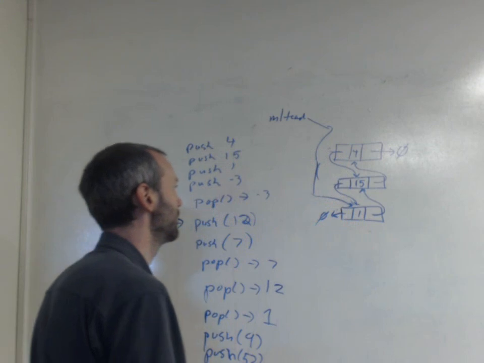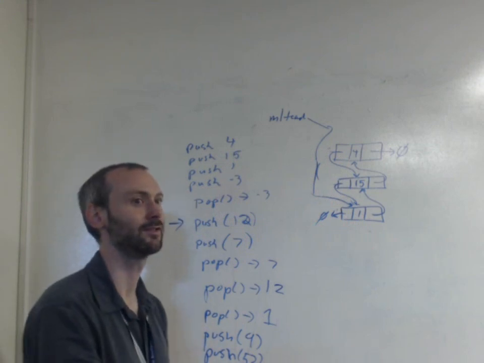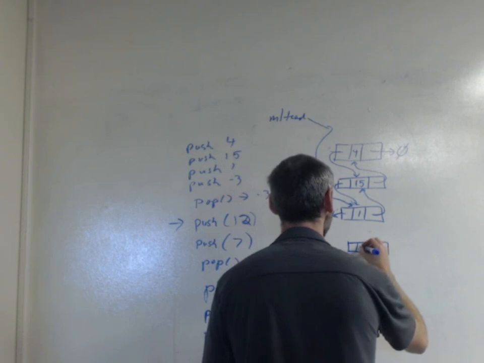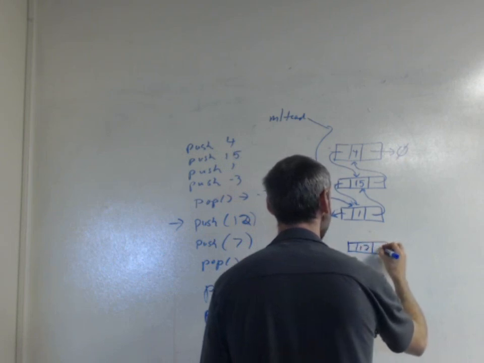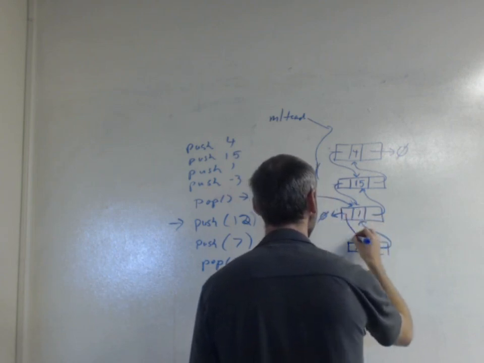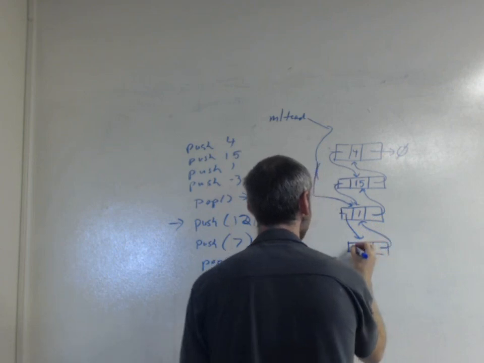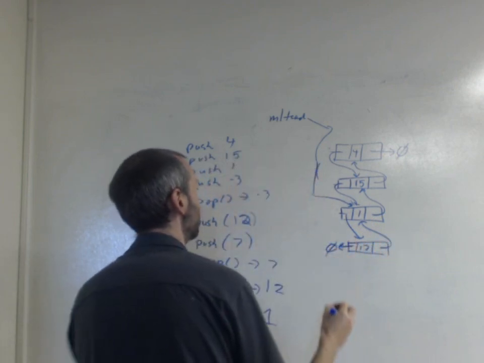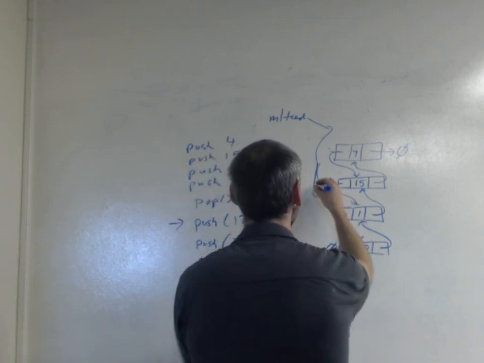All right, let's do one more. Pushing the 12. What do we do? Create a node. Its next is pointing to 1. 1's previous is 12, and 12's previous is null. Anything else? mHead.